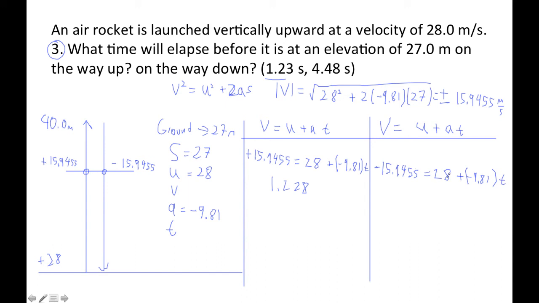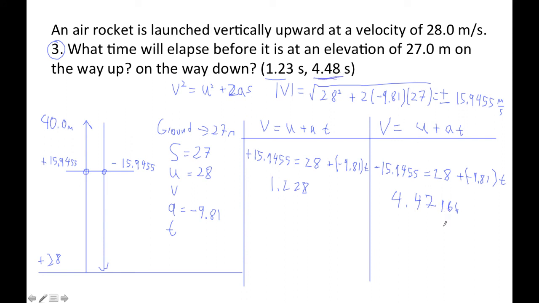Well, now when I solve this, when I put this guy on the other side, this is like a big number, right? So there we go, divided by 9.81. And when I do this, I get 4.47966. Whoa, this thing's having a hard time tracking my motion there. Right, so that's the 4.48 seconds that we get for that.